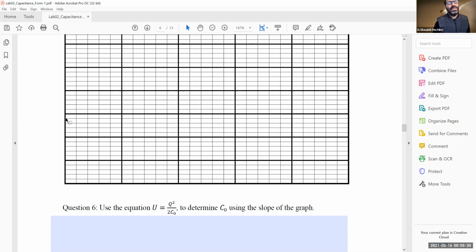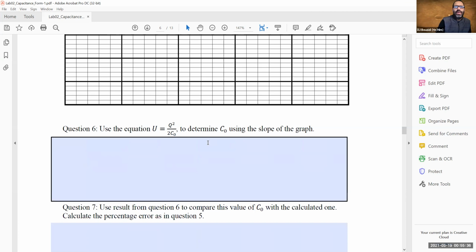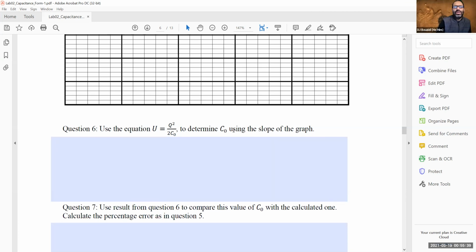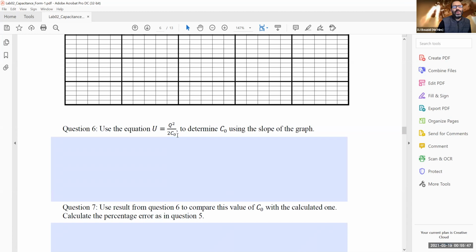Don't forget to label your axes and make sure you put all of the 10 numbers in this graph. And then you're going to use the equation to find C naught, because 1/2 C naught is actually the slope. So C naught is 1/2 the slope. So whatever the slope is in here, multiply it by 2 and invert it. That's going to be your C naught.